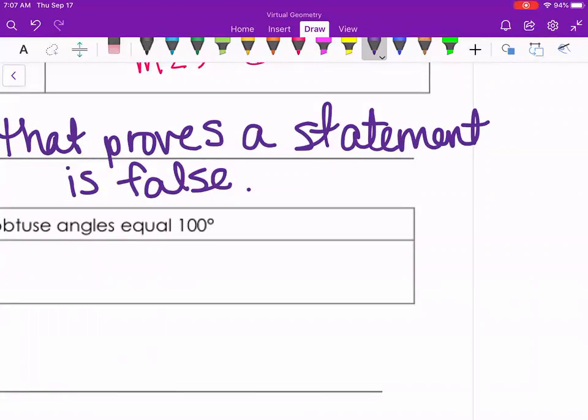So if I was to tell you all cars are red, I'm sure you could probably find an example of a car out there that wasn't red. That would prove my statement false. That's the idea of a counterexample.